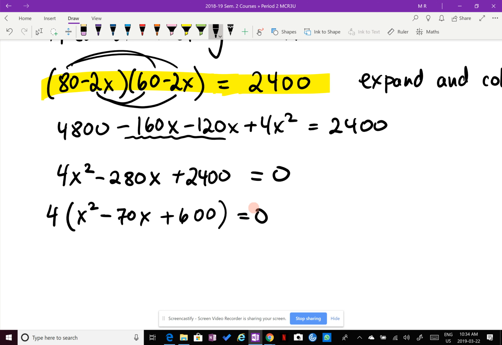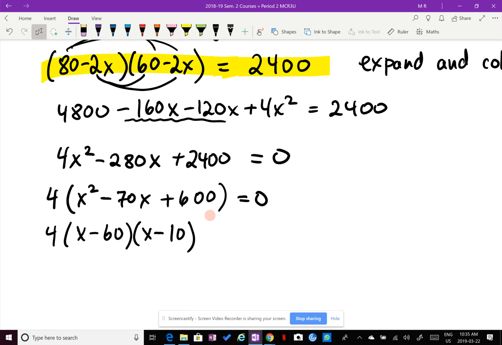And that's equal to 0. And the inside of my bracket, x squared minus 70x plus 600, I can factor that as well. Two numbers that multiply to 600 and add up to 70 would be negative 60 and negative 10. So 4 times x minus 60 and x minus 10.